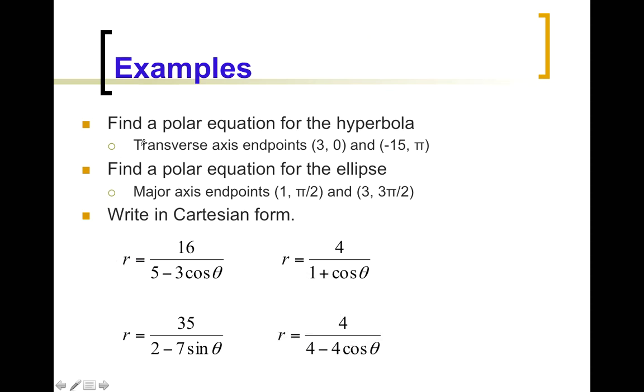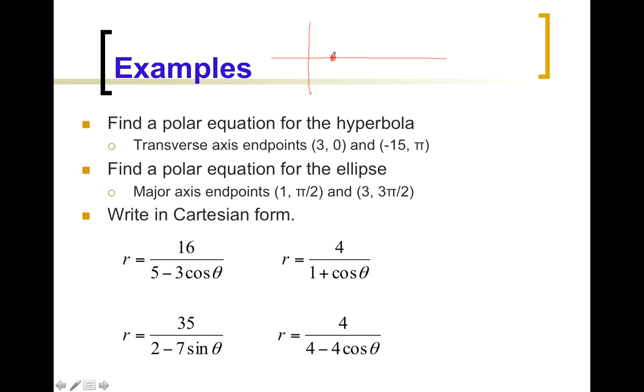Now this brings us to these 2 examples here. You need to look at them and ask, what does this mean? We have a hyperbola, and it has transverse axis endpoints of 3, 0 and negative 15, pi.